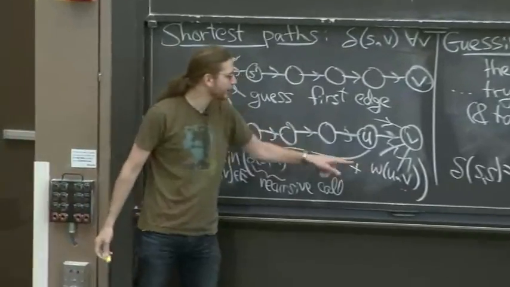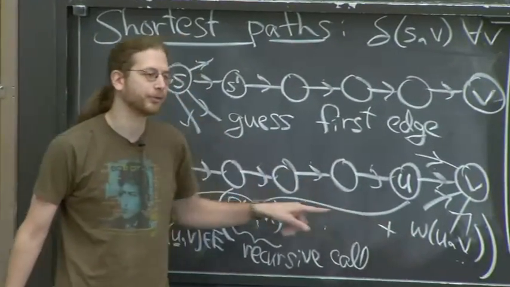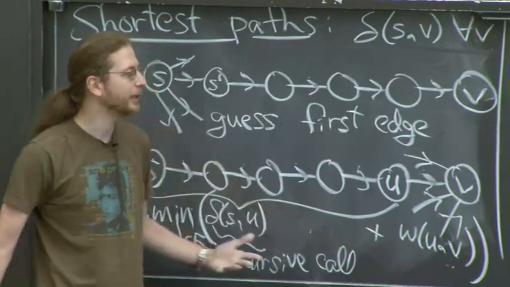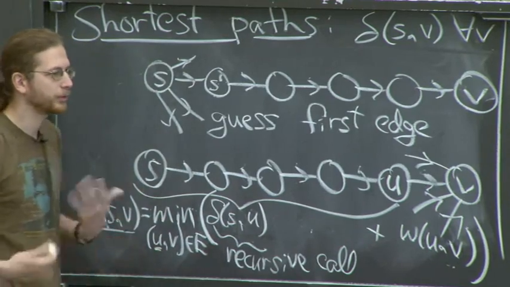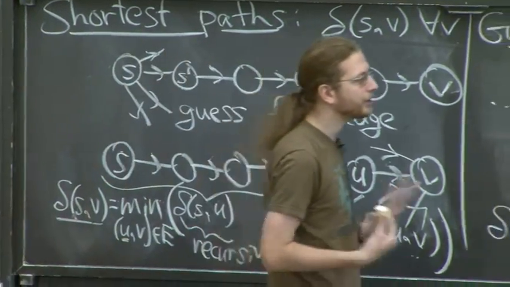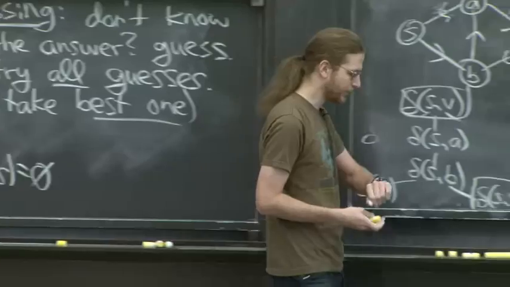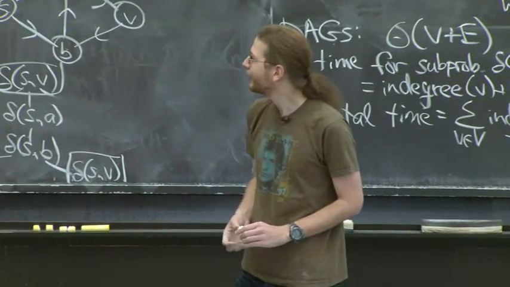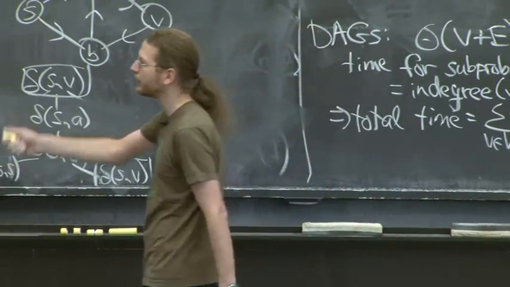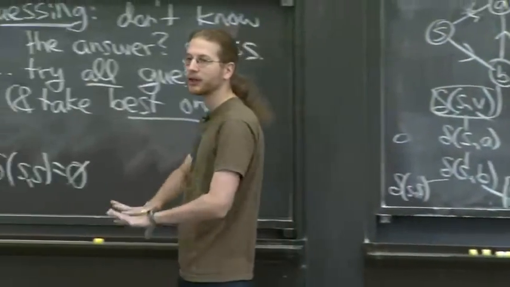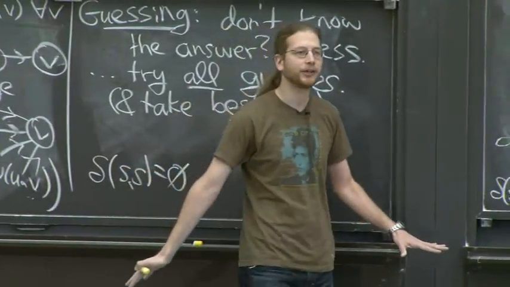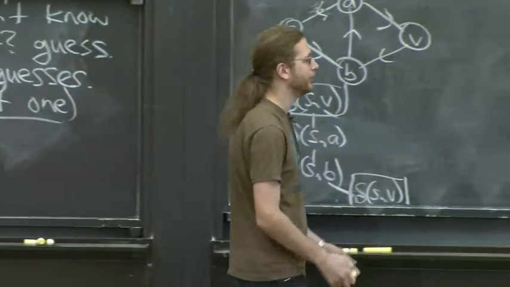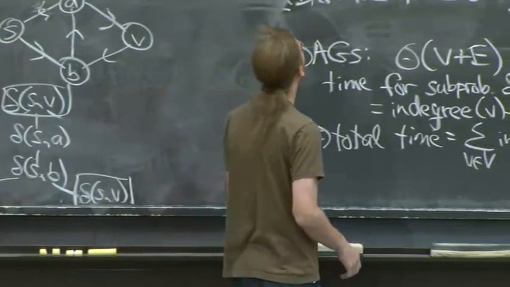This should look kind of like the Bellman-Ford relaxation step or shortest paths relaxation step. It is. This min is really doing the same thing. So it's really the same algorithm, but we come at it from a different perspective. OK. But I claim I can use this same approach to solve shortest paths in general graphs, even when they have cycles. Oh, how am I going to do that?